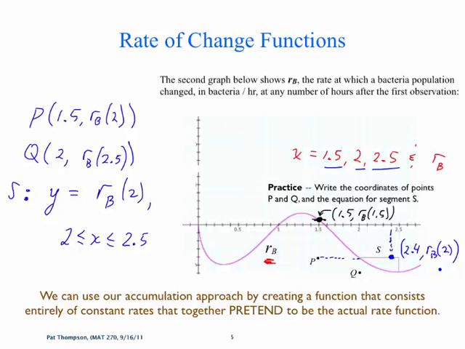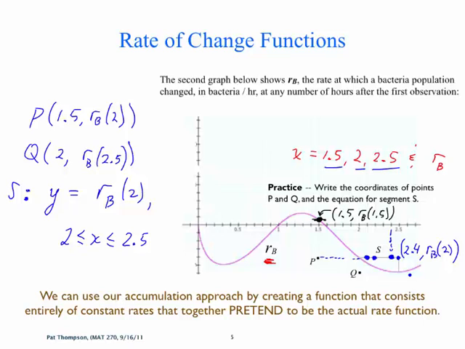It has the same y coordinate as the function when x equals 2, so that's r sub b of 2. What's the y coordinate at this point? Still r sub b of 2. What about this point? r sub b of 2.